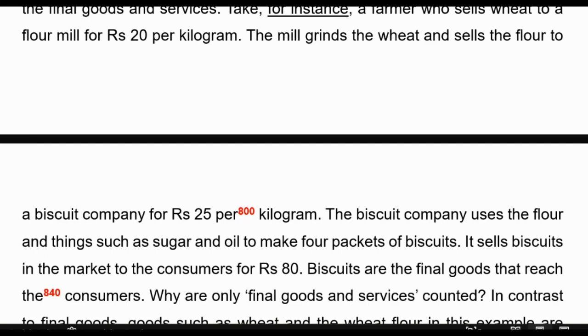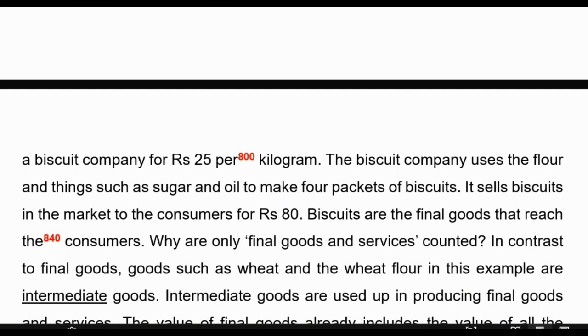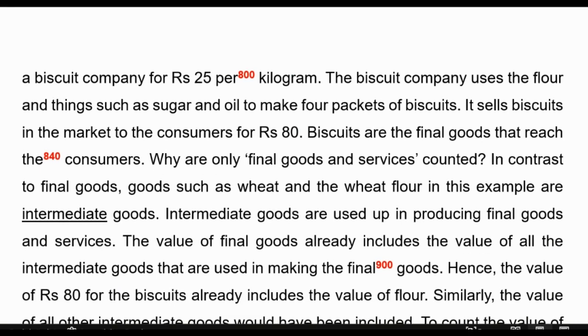Why are only final goods and services counted? In contrast to final goods, goods such as wheat and the wheat flour in this example are intermediate goods. Intermediate goods are used up in producing final goods and services. The value of final goods already includes the value of all the intermediate goods that are used in making the final goods.